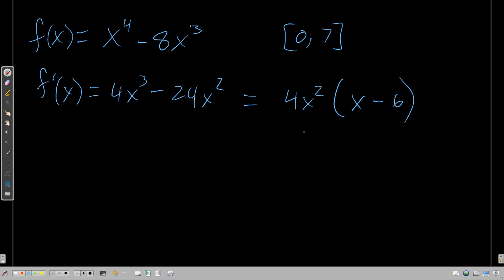Okay, so I know my critical values are 0 and 6. Okay, and then it's negative in this interval, but positive to the right of 6, and still negative for x being negative.